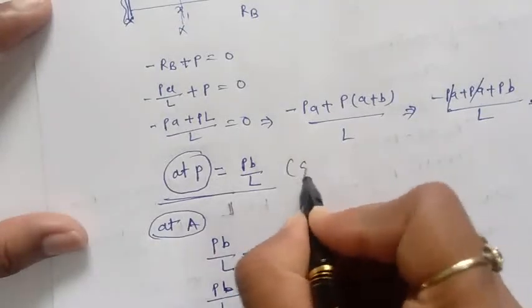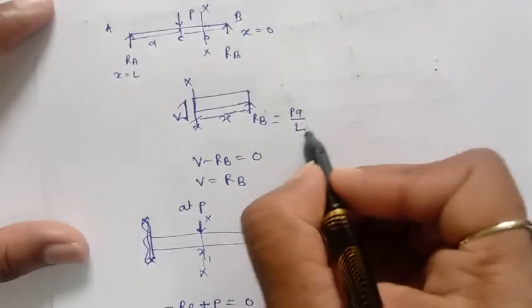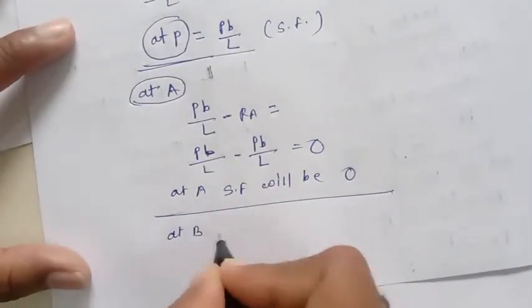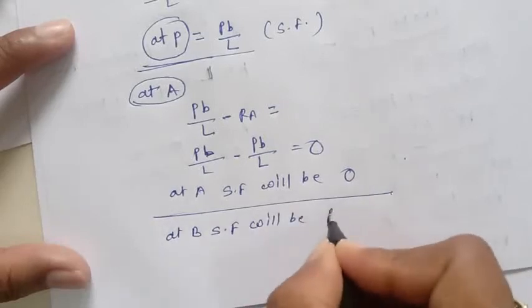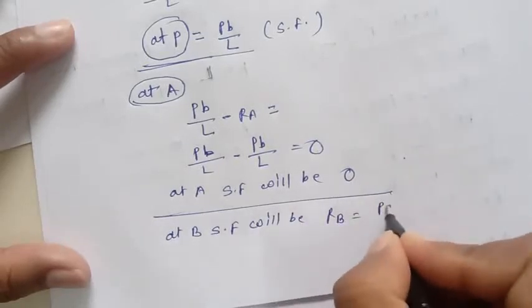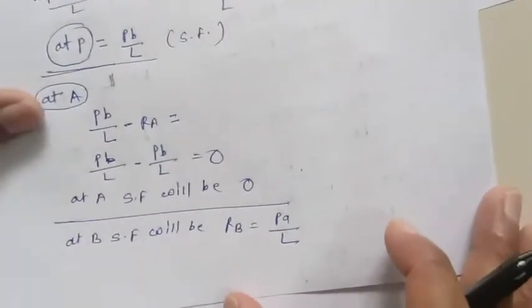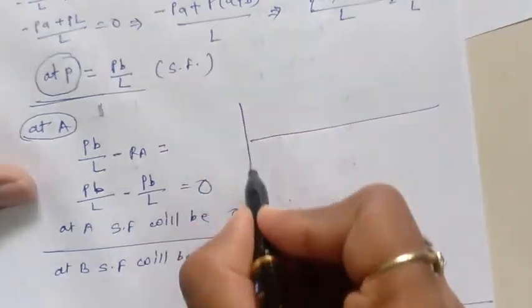At P shear force will be PB by L, and at B it will be PA by L, that is RB. So based on that we can draw the shear force diagram.